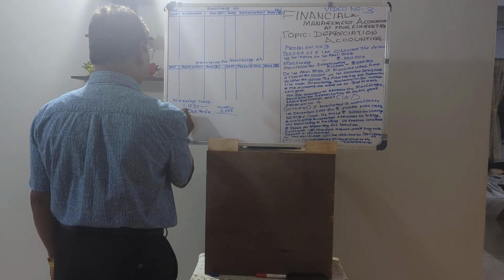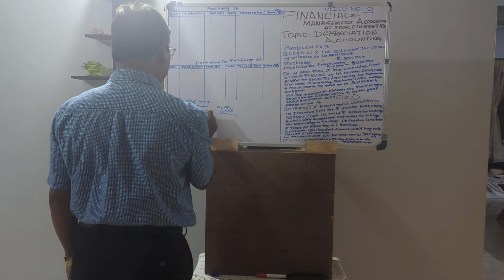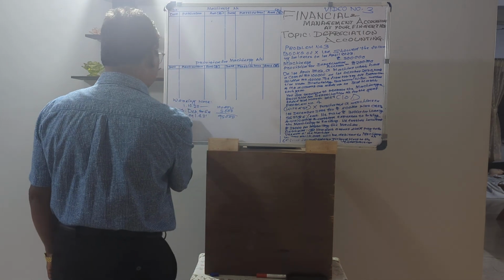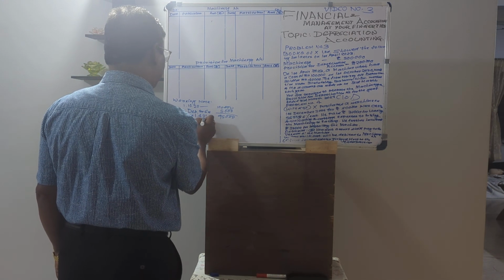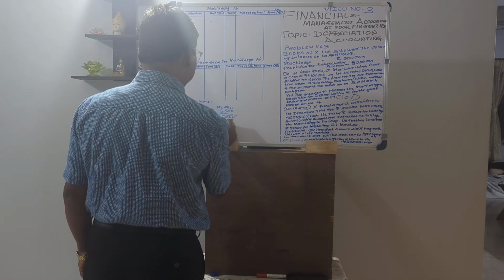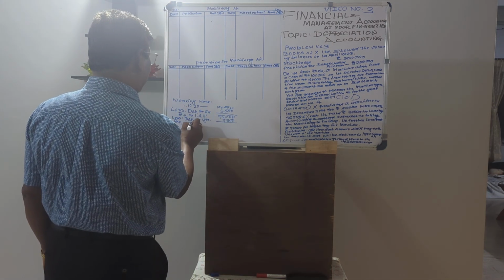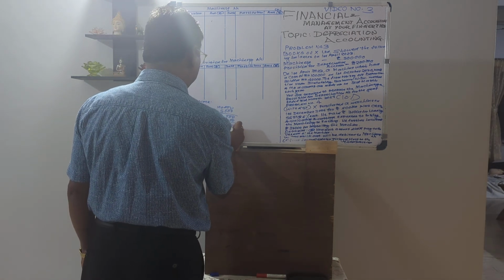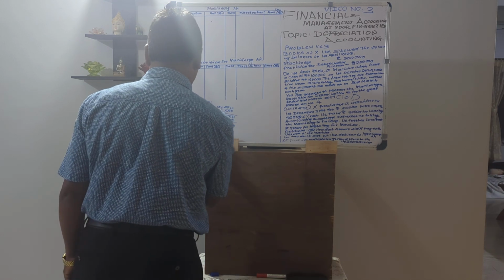So the book value or written down value on 1/4/21 is 95,000. Less depreciation for 1 year, that is 10%, 9,500. Then the written down value on 1st April 2022 is 85,500.